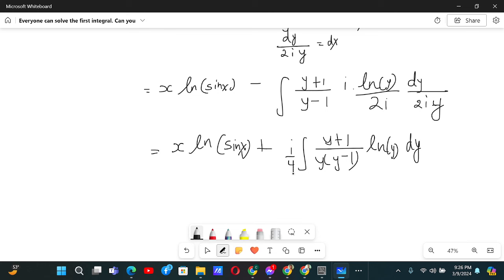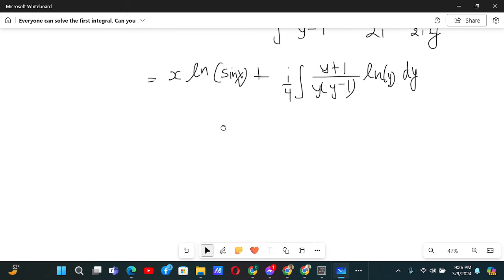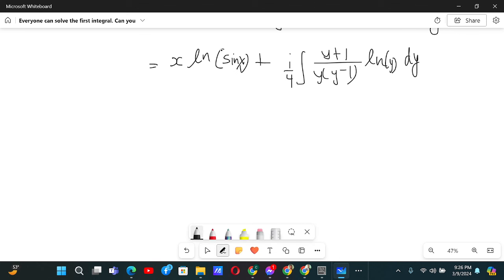Okay, so now we can use partial fractions. From partial fractions, we want to see how we break this expression (y + 1)/(y(y - 1)) into two different fractions, A by y plus B by y minus 1. Now there's a cover-up rule, or we can also go normally.